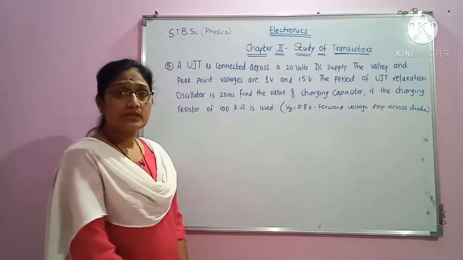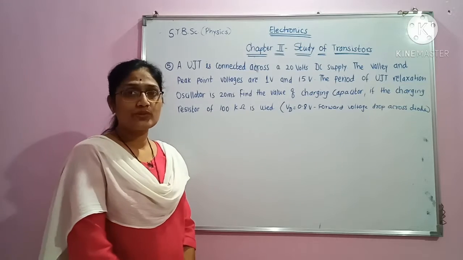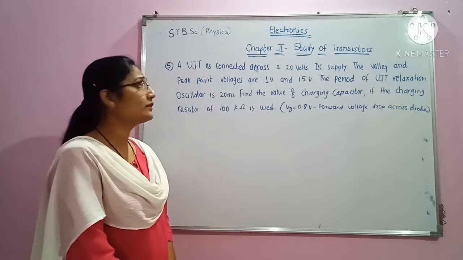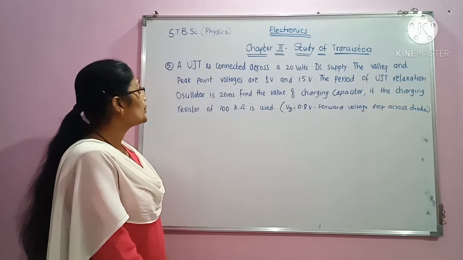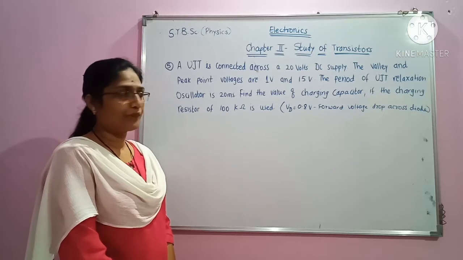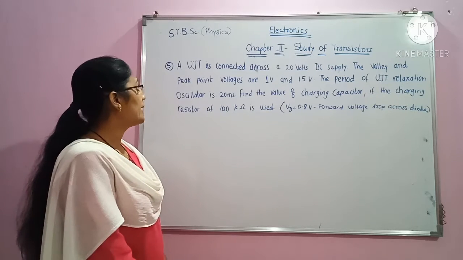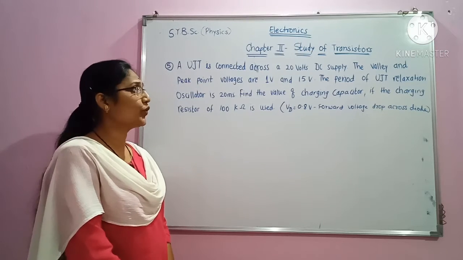Students, let's try to solve one more example. This example is based on the unijunction transistor. Let's read it first. A UJT is connected across a 20 volt DC supply. The valley and peak point voltages are 1 volt and 15 volt.